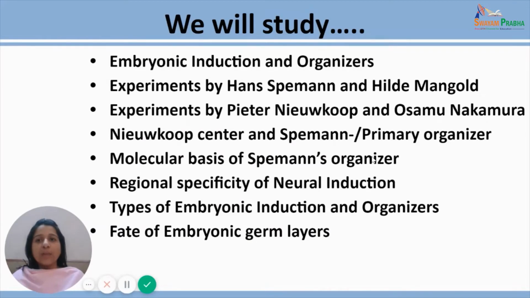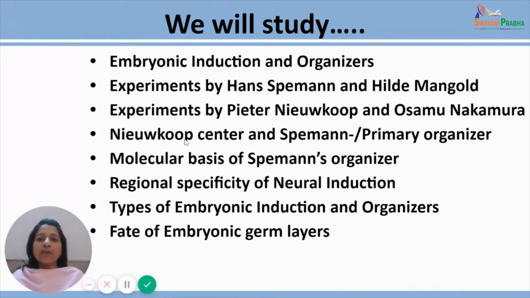We will study about the embryonic induction and organizers. We will also study various experiments done by Hans Spemann and Hilde Mangold in the field of embryonic induction. We will also discuss the experiments done by Pieter Nieuwkoop and Osamu Nakamura.